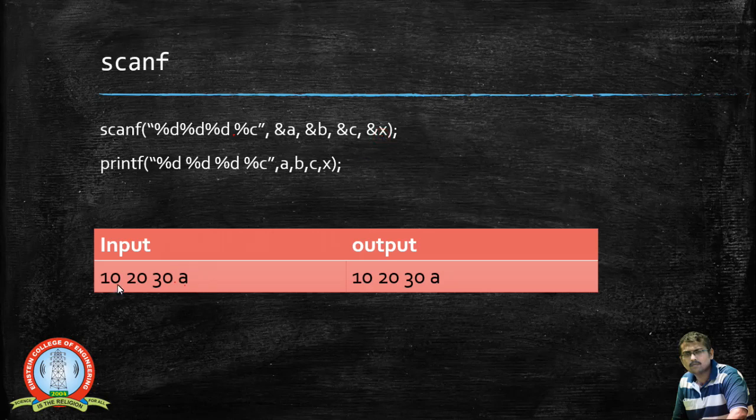So if I want to give the input as 10 space 20 space 30 space A, then I should use a space in this place in the scanf statement, so that the space will match the corresponding control string, and the next A will be stored in x, and my output will be 10, 20, 30 and then A.